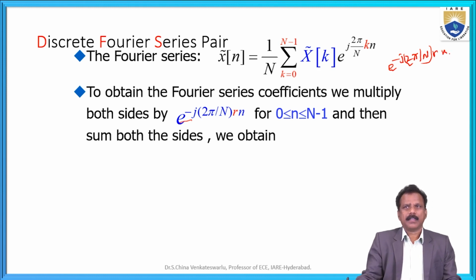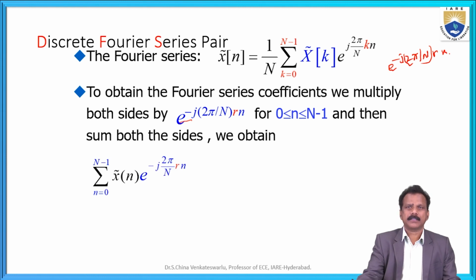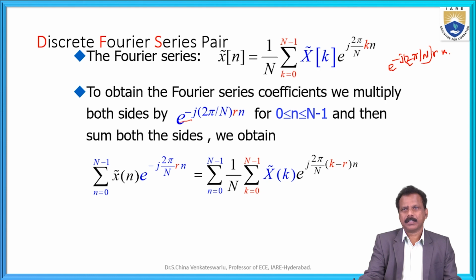For 0 less than or equal to n less than or equal to N minus 1, and then sum both the sides, we obtain the summation n equal to 0 to N minus 1 of x of n into e power minus j 2 pi by capital N into r into n. It is also equivalent to the summation n equal to 0 to N minus 1 by N, the summation k equal to 0 to N minus 1 of X of k into e power j 2 pi by capital N into (k minus r) into n.